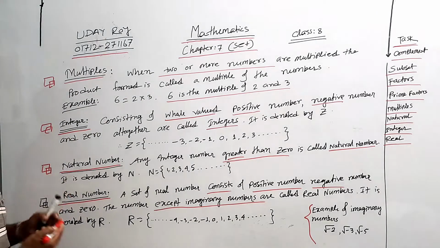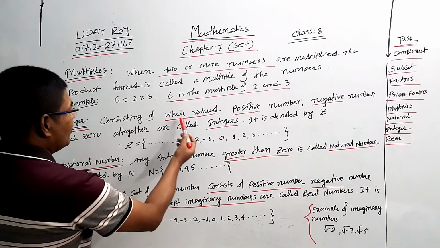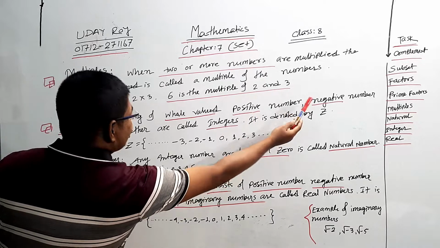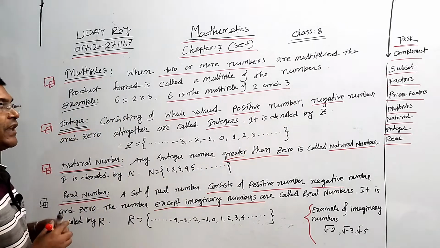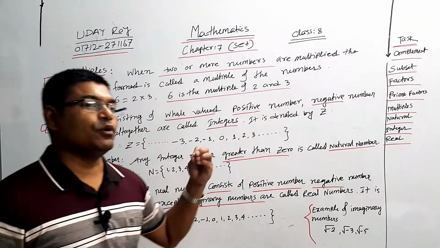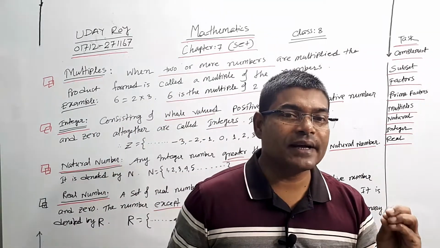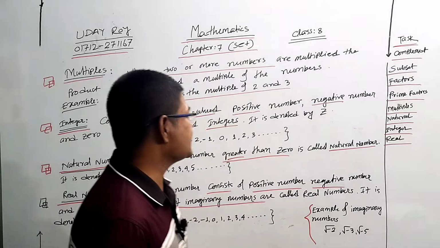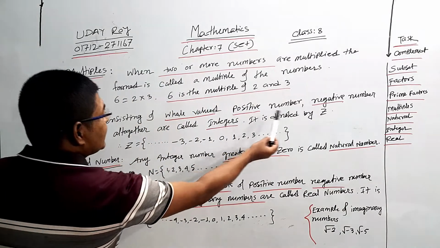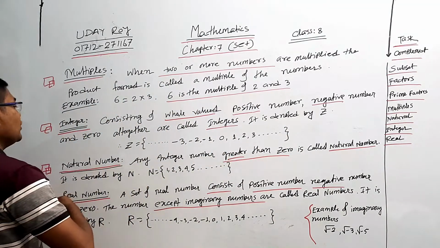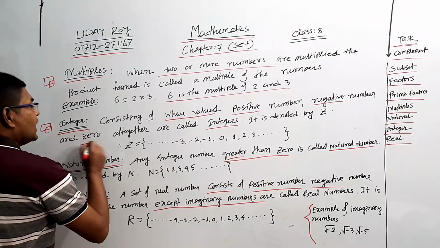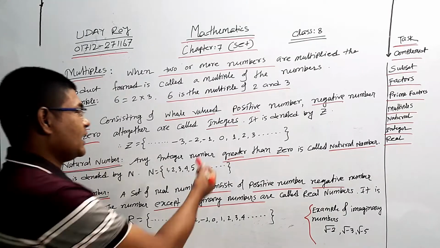What is called an integer? It consists of whole valued positive numbers, negative numbers and 0. You have to be careful. Positive numbers, negative numbers and 0 all together are called integer numbers.